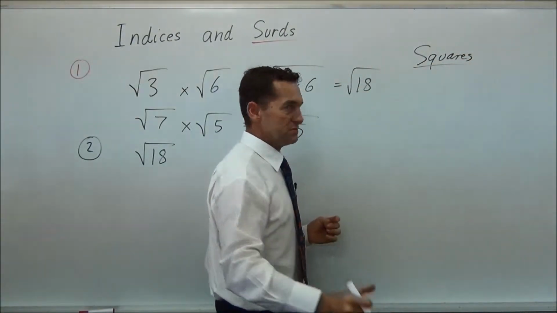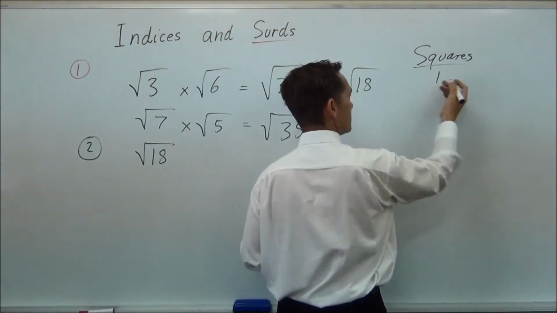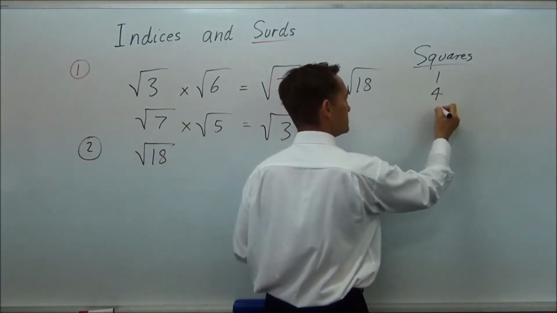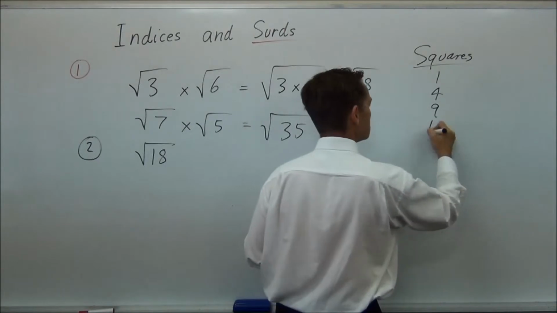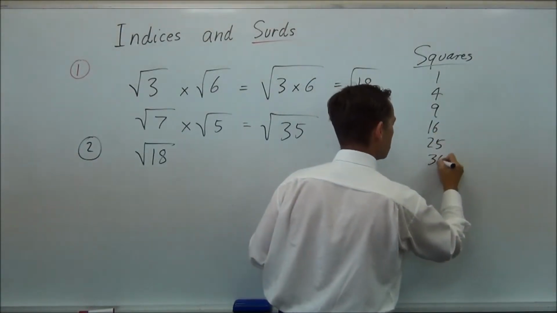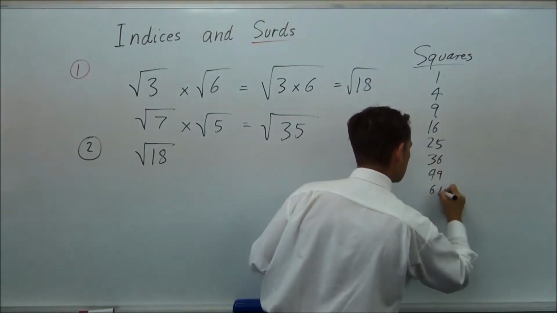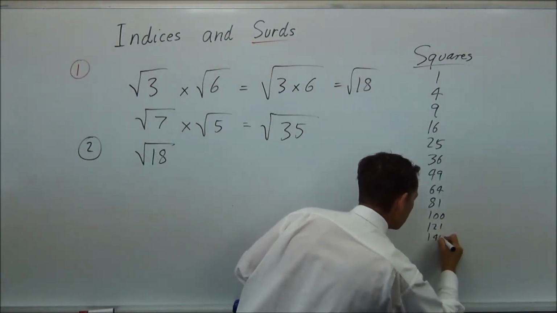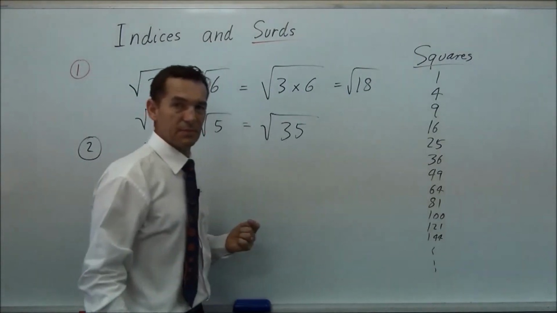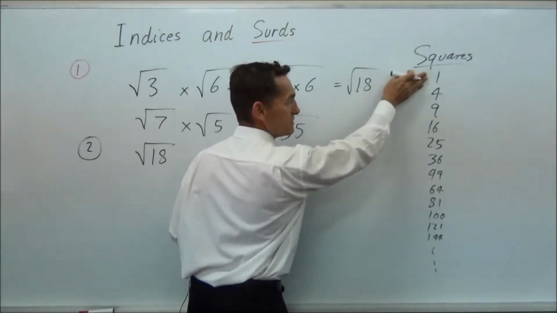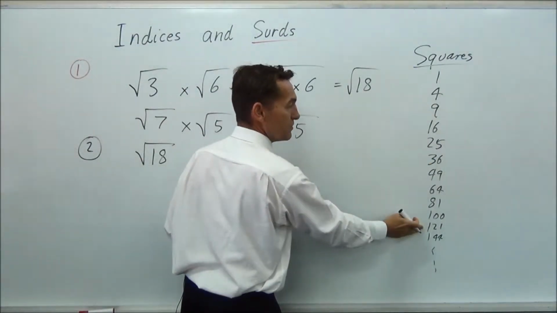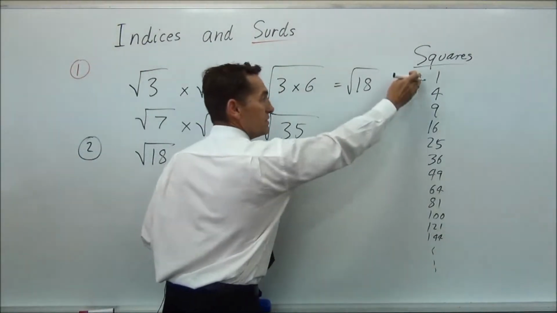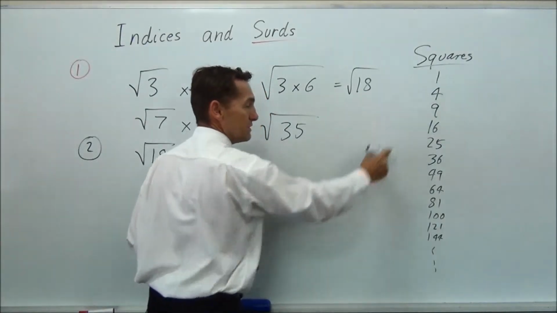Now you should know your squares by now, because it's anything that's squared. 1 times 1 is 1. 2 times 2 is 4, 3 times 3 is 9, and etc. So we've got 16, 25, 36, 49, 64, 81, 100, 121, 144, and it keeps on going. Okay, you're most likely to only get something between 1 and 121. It's very unusual for them to give you a bigger question. But these are the numbers you're going to look for.